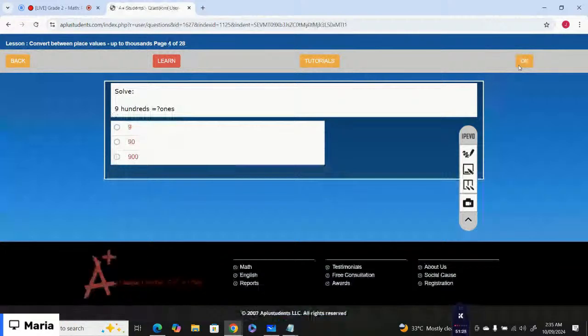900 equal how many ones? That is 900 ones.